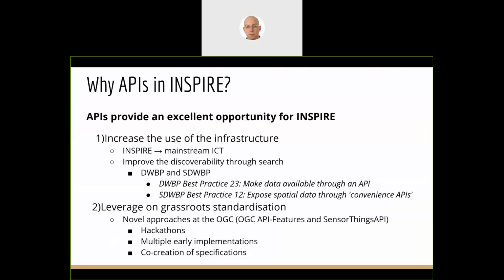It is very positive. We see also that there are multiple early implementations even before the standards are being endorsed, and then a lot of actors actually help with the co-creation of the specifications. So exciting times, I think, for APIs and for using them within the context of Inspire.